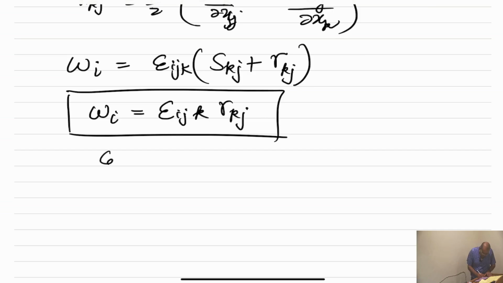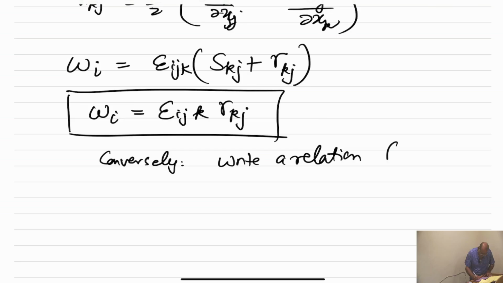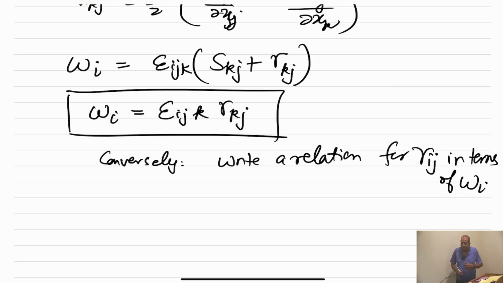Conversely, can I write a relation for R_ij in terms of omega_i? This relation writes omega_i in terms of R_kj.